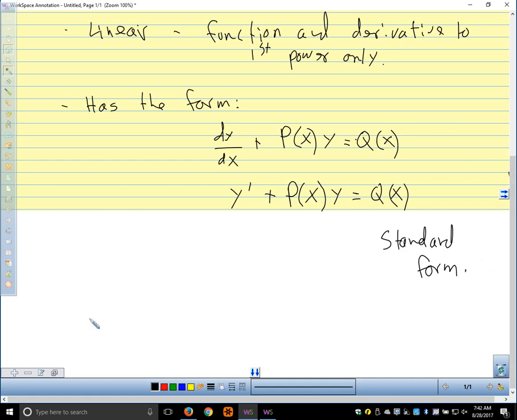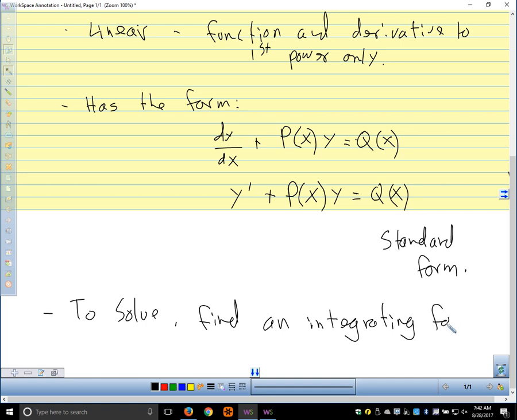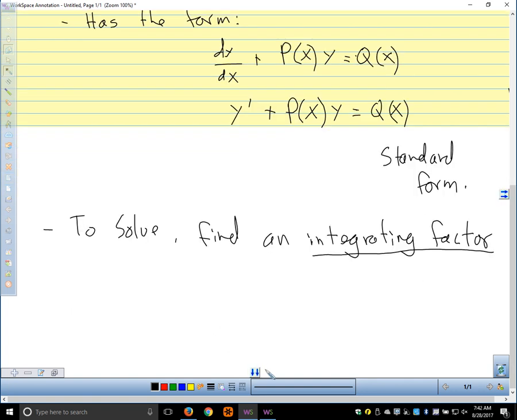All right, to solve, we find what we call an integrating factor. So solving these involves evaluating integrals. And with differential equations, often the way we've come up with solutions is mathematicians said, well, I think if I do this and this and this, this is going to solve this kind of equation.